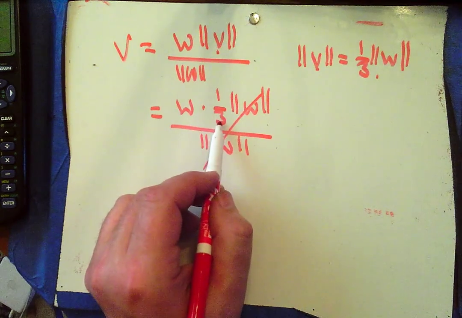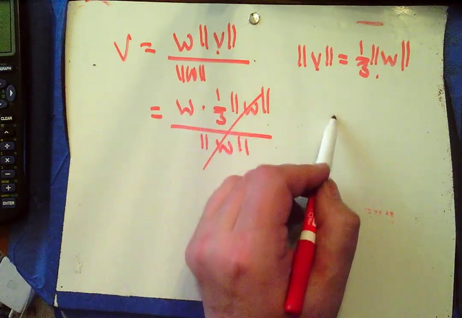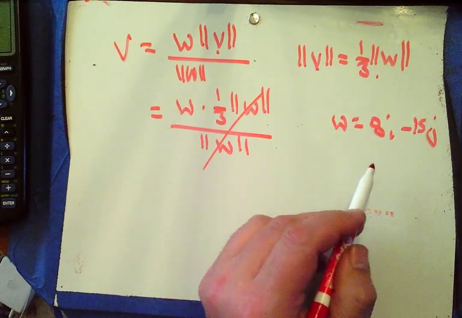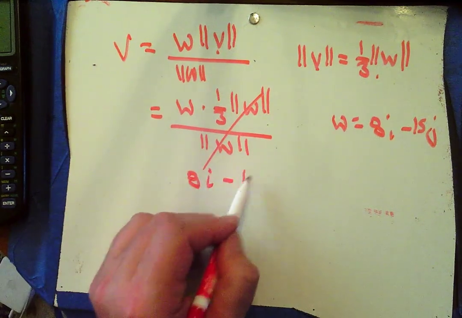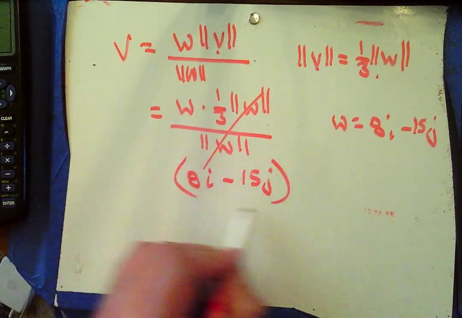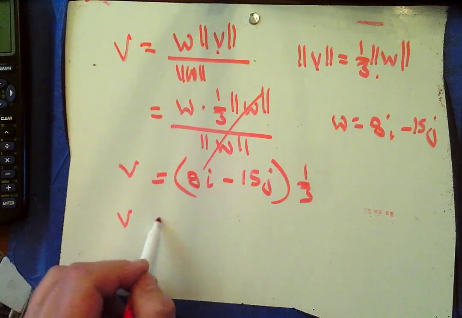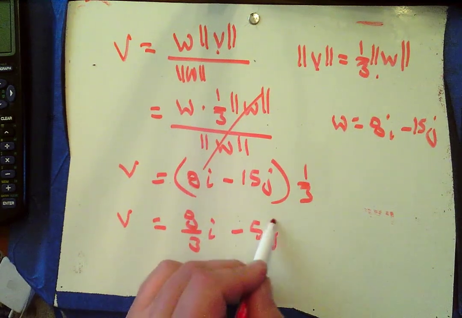And what was our vector W? That was 8I minus 15J. So I've got 8I minus 15J times 1/3. So V is 8/3 I minus 5J.